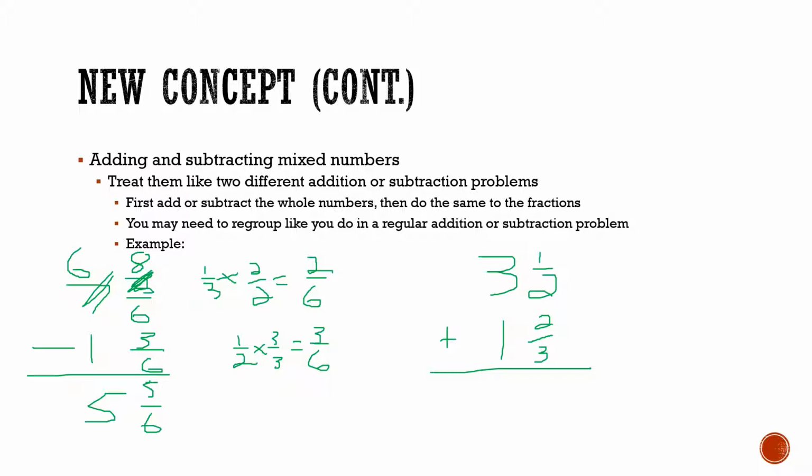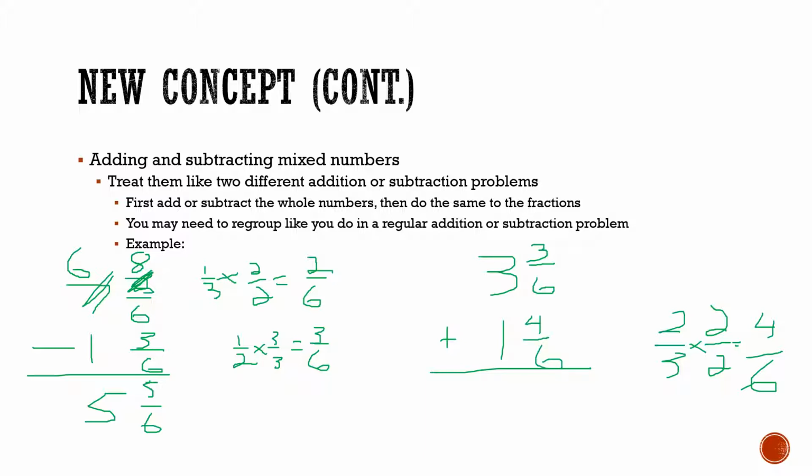And I already know from my previous problem that 1/2 is 3/6. And then I'll just do 2/3 times 2 over 2 to get my 6 on the denominator. So that one's going to be 4/6. So I'm going to erase my 2/3 and put a 4/6 there. And now I can add.